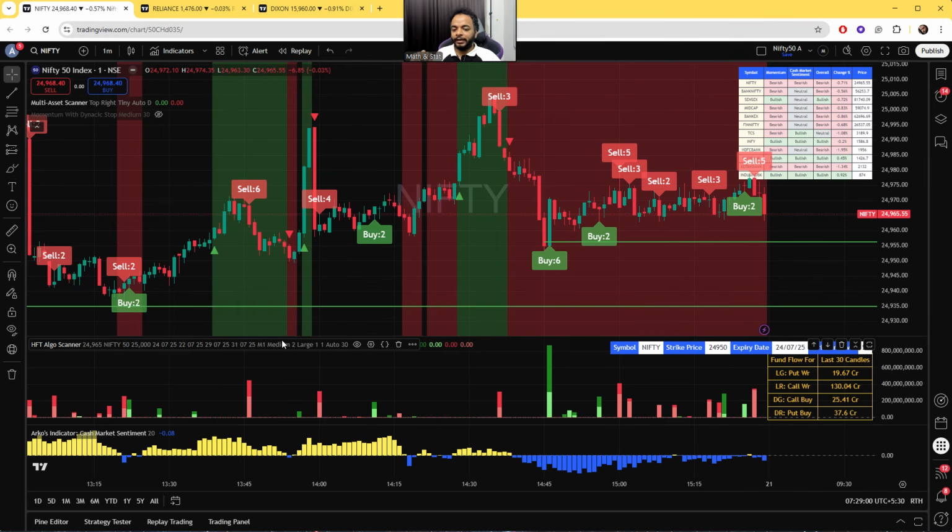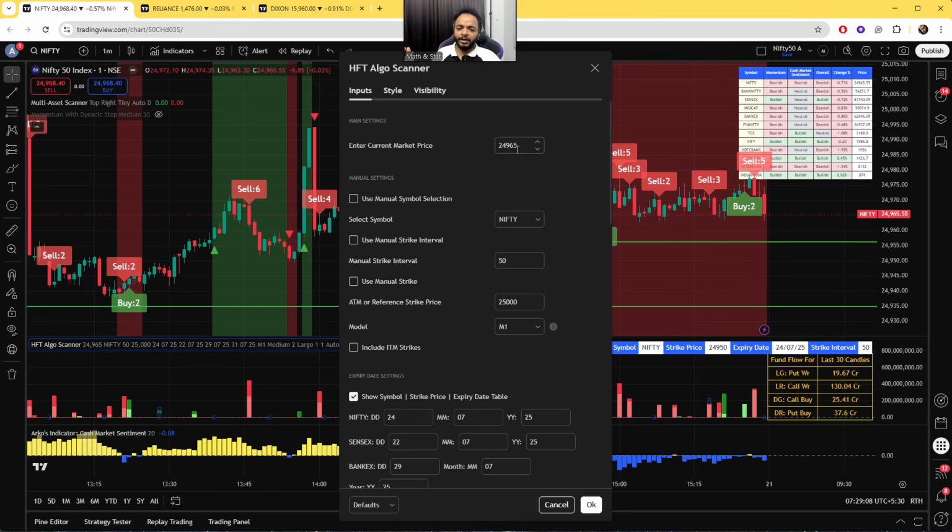Also, if you don't want strike prices that are multiples of 50 in Nifty, you can cleverly put the market price. I can simply put 25,000.